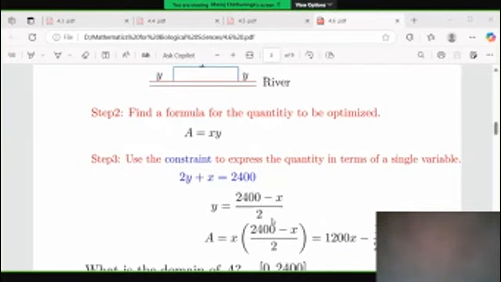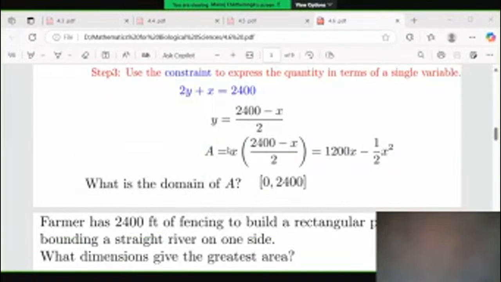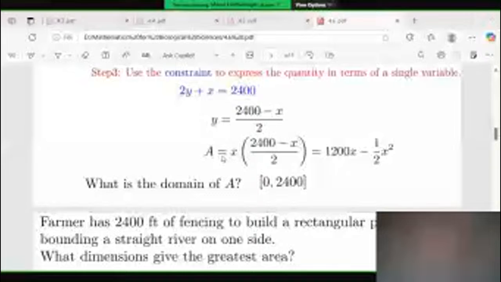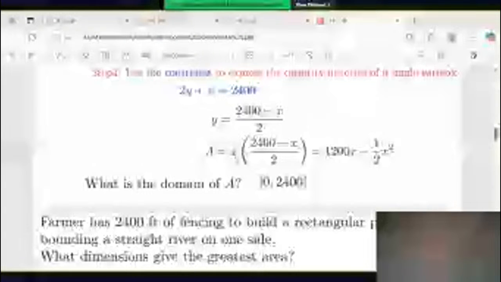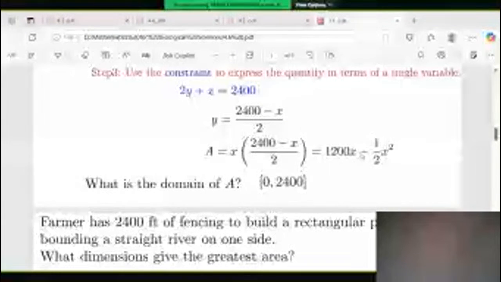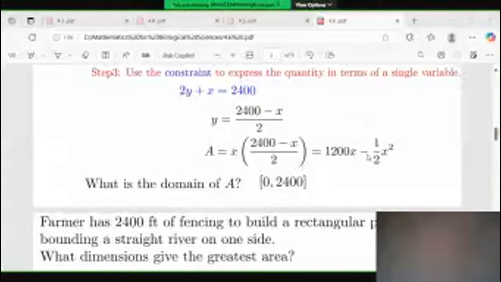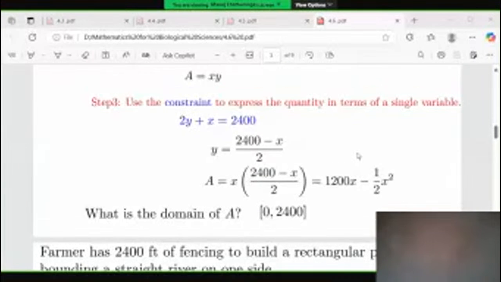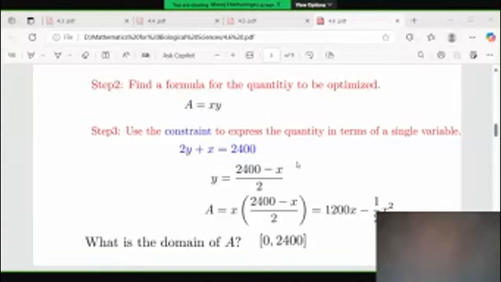Find y in terms of x, substitute it into the first formula. When you do so, you get area equals 1200x minus x squared divided by 2. I'm not going to explain this simple algebra. You can do it by yourself. And so area is a function of x.